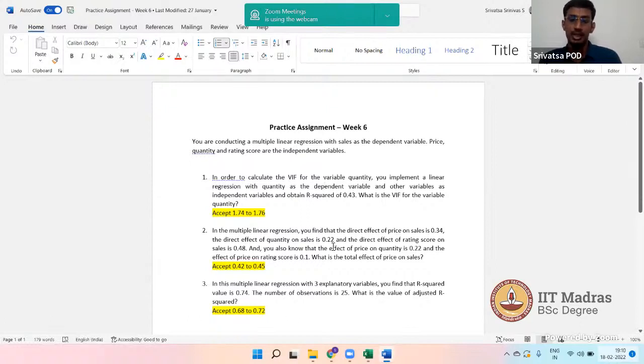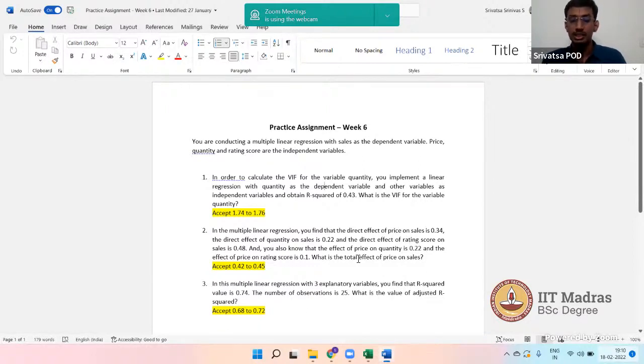In the second question, you are given the following data where you know the direct effect of price on sales. Sales is the dependent variable. You know the direct effect of price on sales, the direct effect of quantity on sales, and the direct effect of rating score on sales.